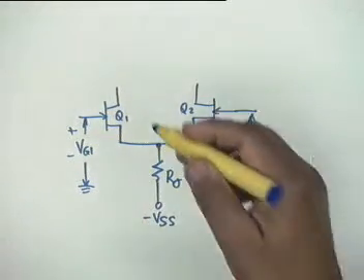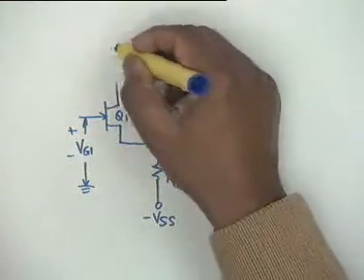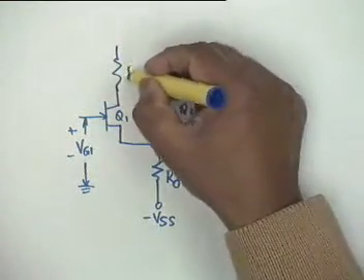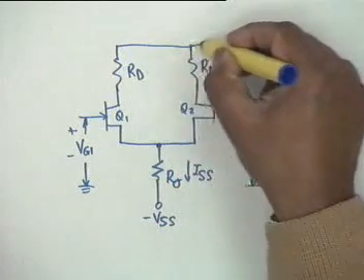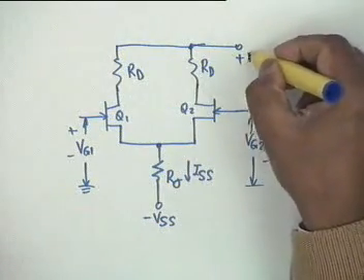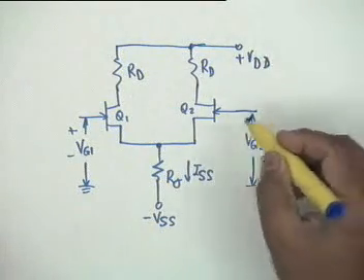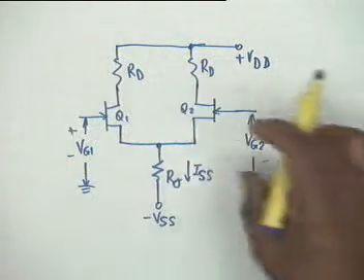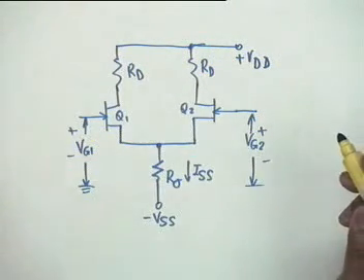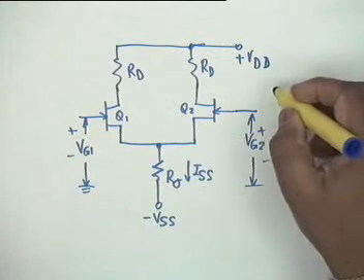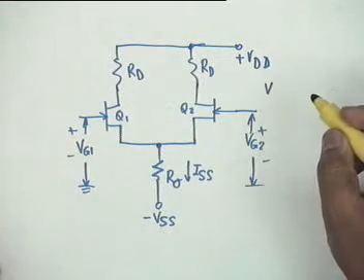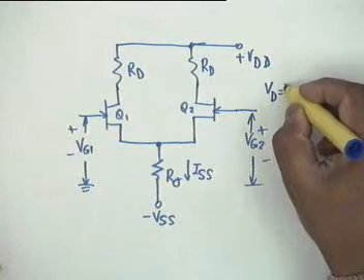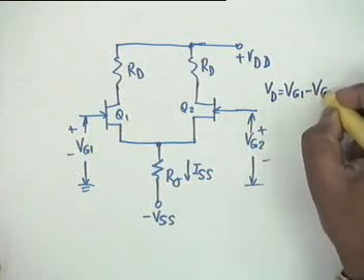The rest of the circuit is two RDs, R sub D, and these connect to plus VDD. I have not shown the source part. Let the two gate voltages be VG1 and VG2. Then the differential voltage applied at the input, V sub D, is equal to VG1 minus VG2.